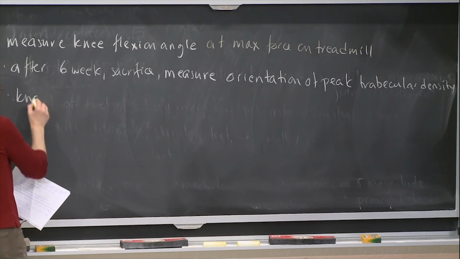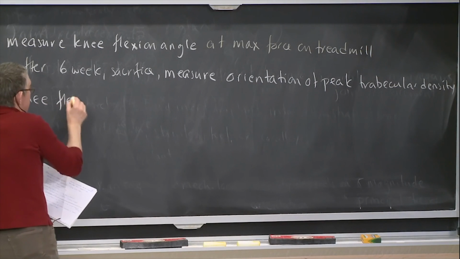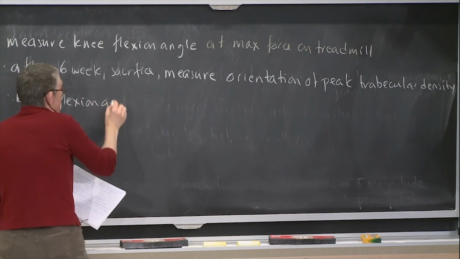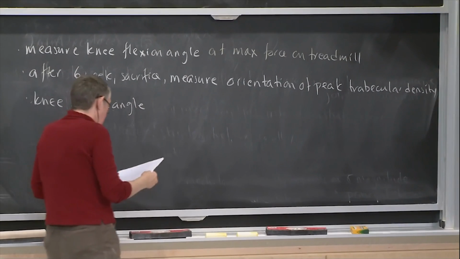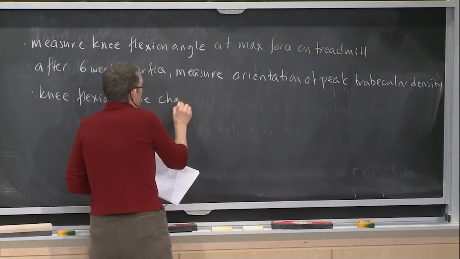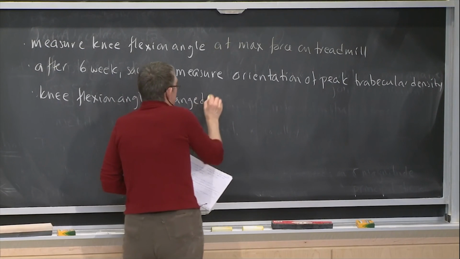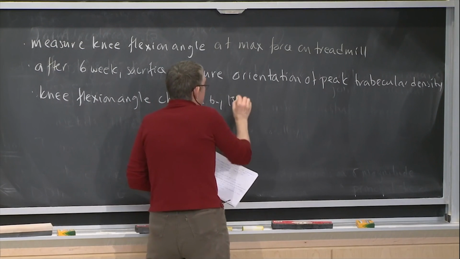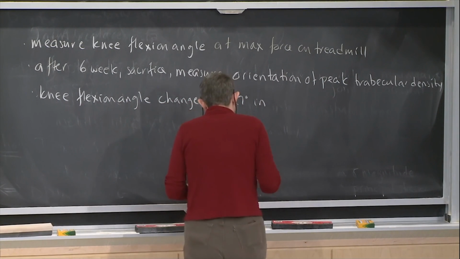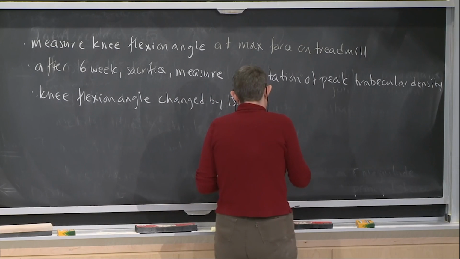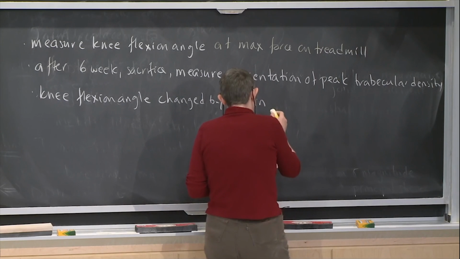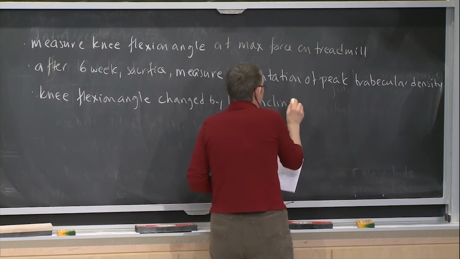And they find that the knee flexion angle changed by 13.7 degrees if you compared the incline versus the level treadmill.